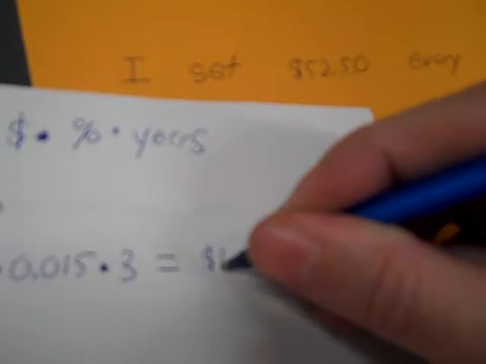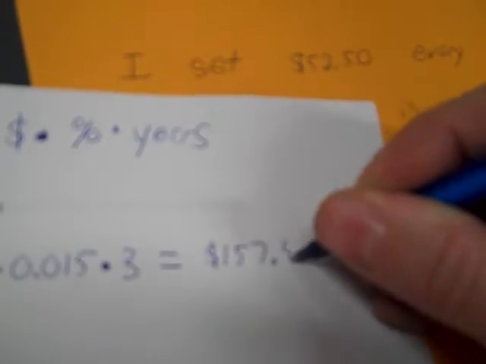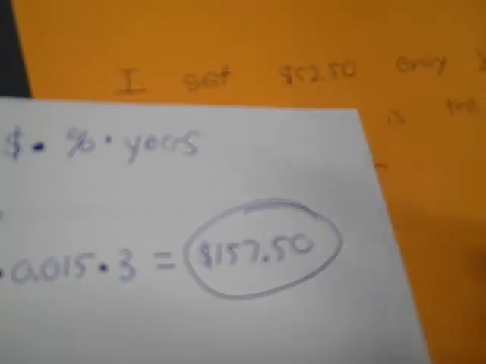Remember, 20. Okay, well that's why we multiply by 3. Okay, because it's 3 years. So I get that answer and then times 3 because I know it's the same. So 157.5. So that's $157.50.